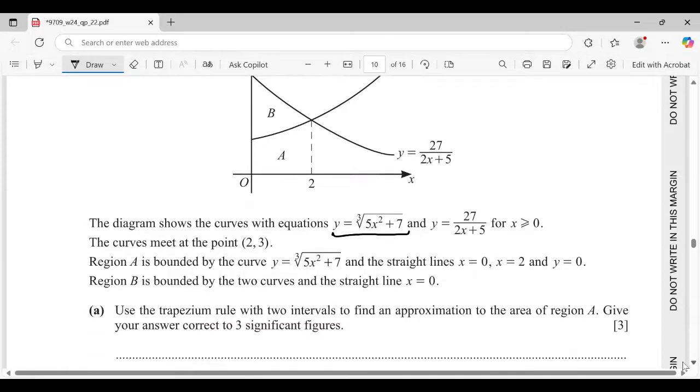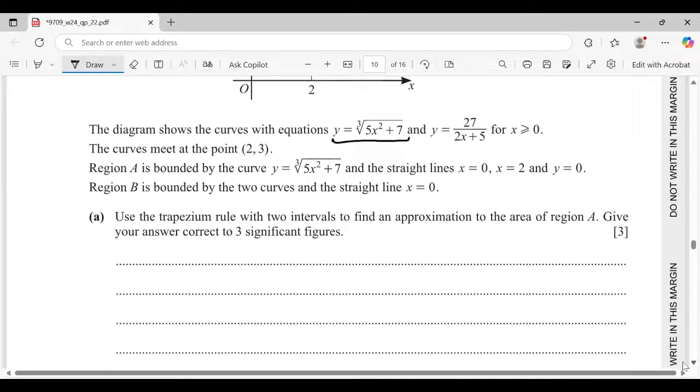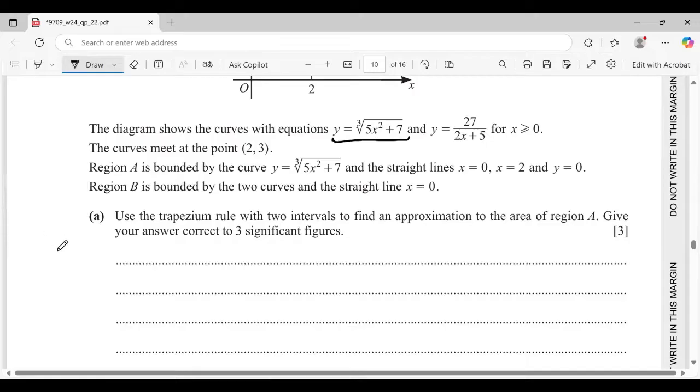We will use two intervals, so the width h equals (2 minus 0) over 2, which is 1.